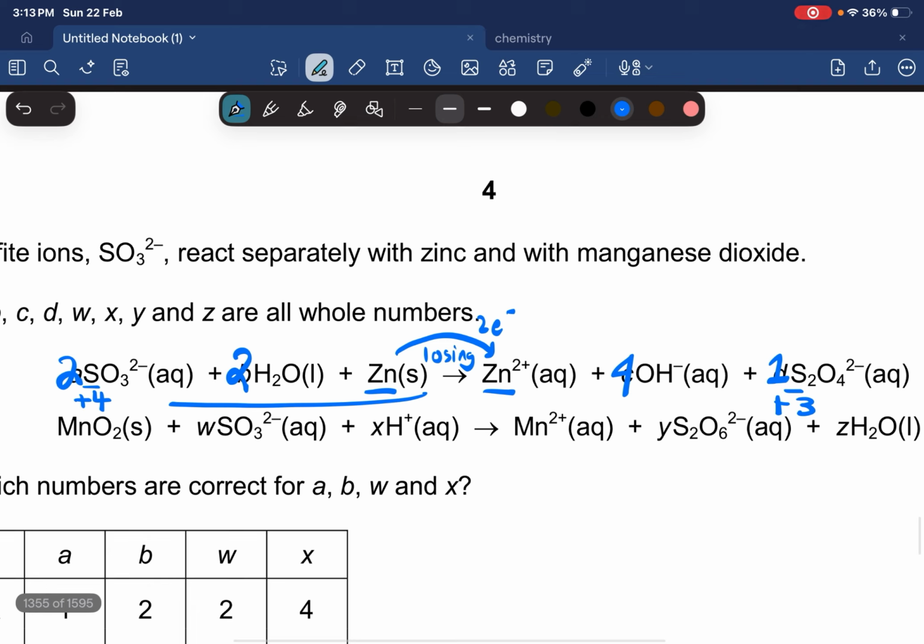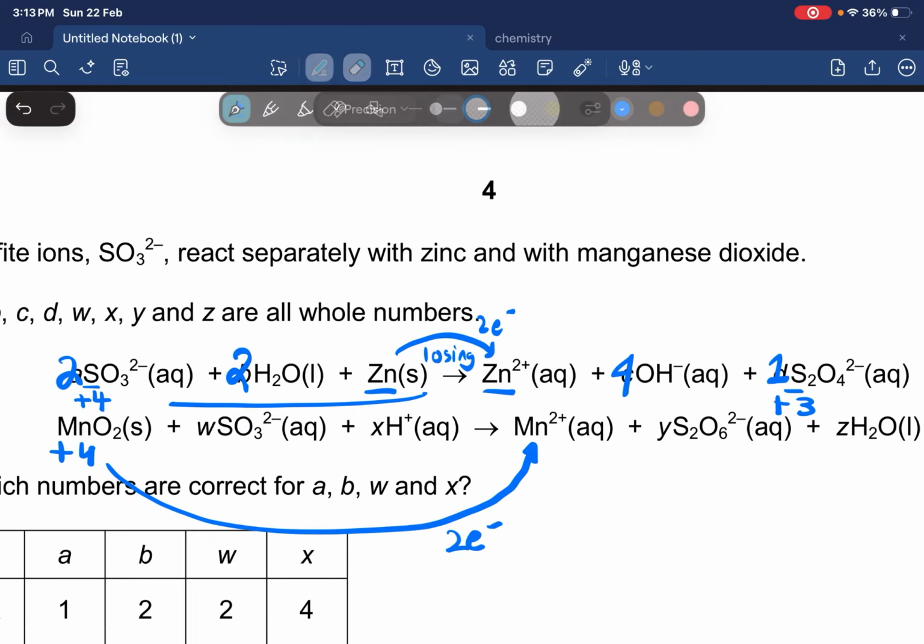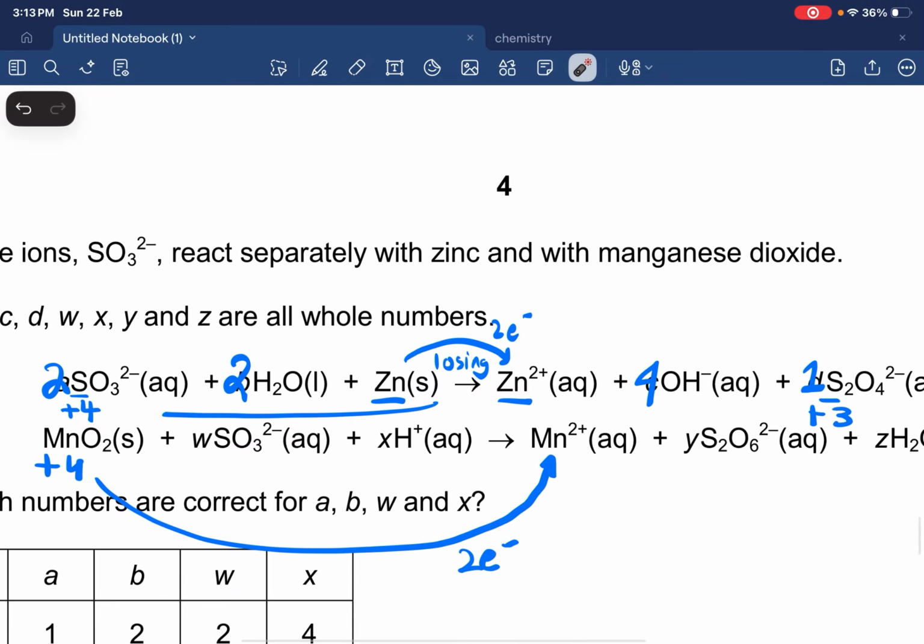Now over here, look, manganese over here is a positive 4. Over here, it's a positive 2. So how many electrons are we gaining? We're gaining 2 electrons. One atom is gaining 2 electrons. So now some atoms need to, this manganese is getting reduced. So this has to get oxidized. So let's see.